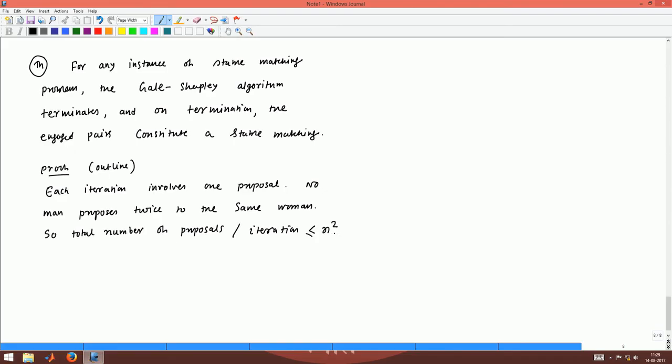There are total n square pairs, and in the worst case you might have to explore all the possible pairs. So, the total number of proposals or iterations is always less than or equal to n square. So, the GS algorithm, that means the Gale-Shapley algorithm, terminates.